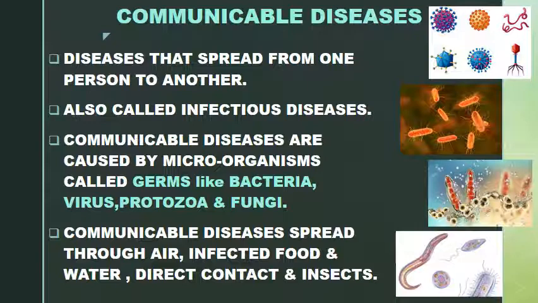And these microorganisms are bacteria, virus, protozoa, and fungi. These germs travel from a sick person to a healthy person and cause a disease. Communicable diseases spread through air, through infected food and water, through direct contact, and through insects.